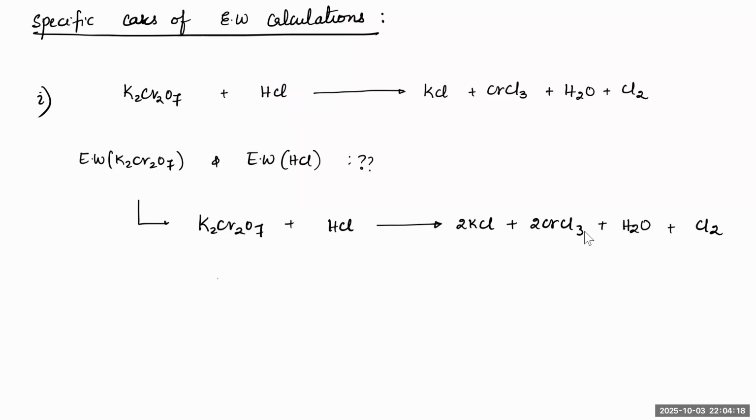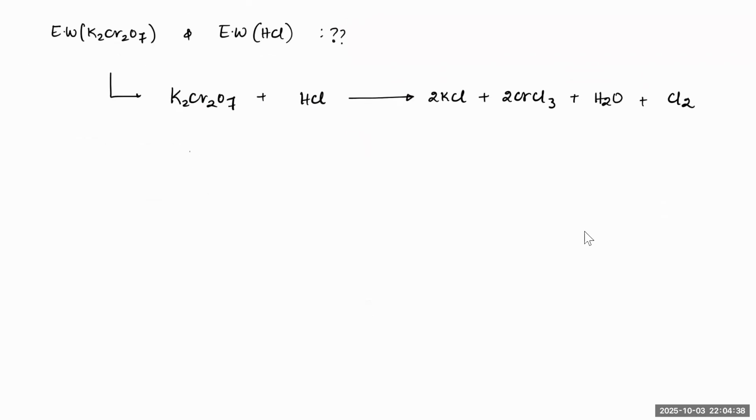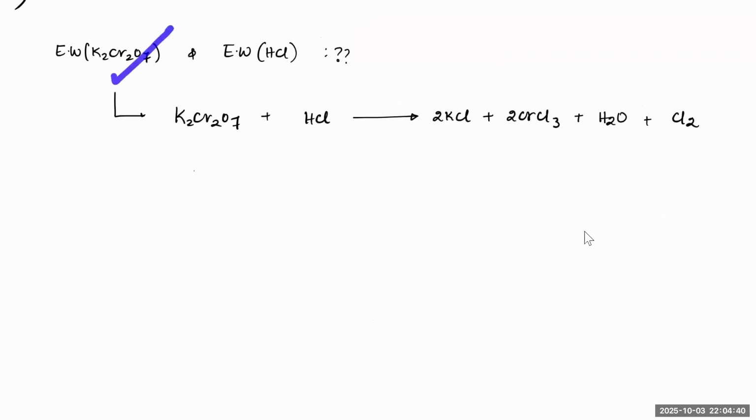If you notice, it appears as if it is involved in redox because it is converting into Cl2. But the question is, are all the chlorines present on the reactant side converting into Cl2? The answer is no, and that's what we'll try to figure out. Question: calculate the equivalent weight of K2Cr2O7 as well as the equivalent weight of HCl.